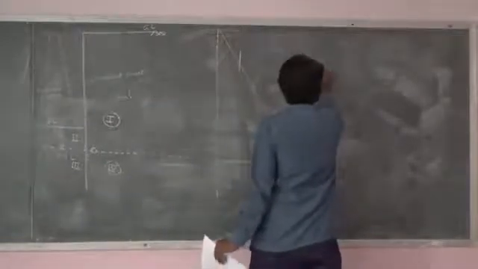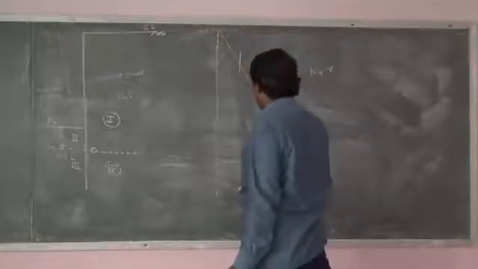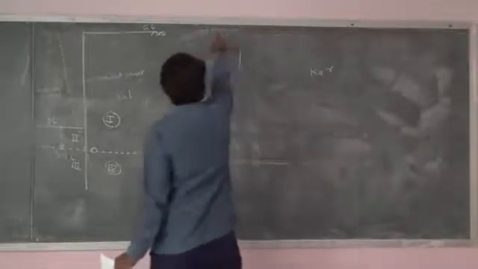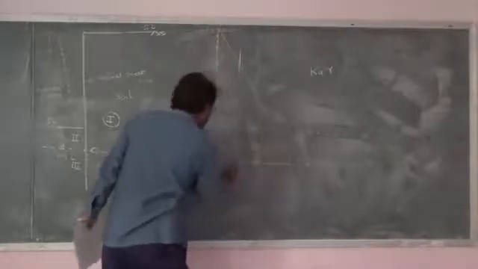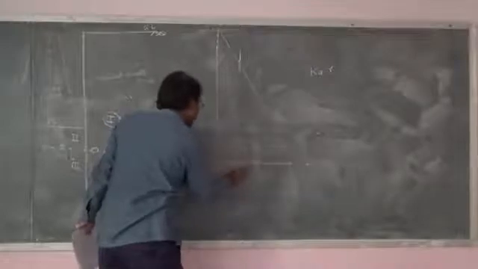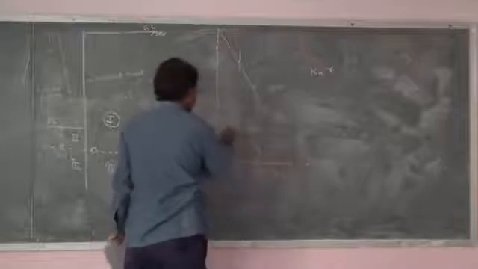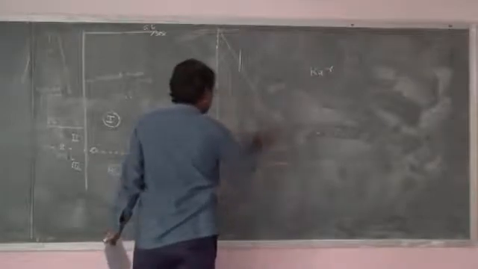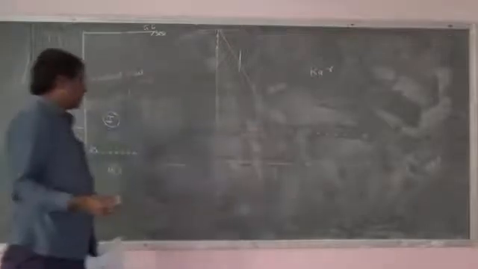You have learned it. It is given by K into gamma into height. So this height is h and this height is a. So this base is going to be Ka gamma (h plus a), whereas this one you will get Ka gamma h.